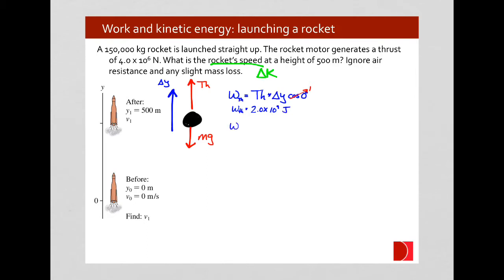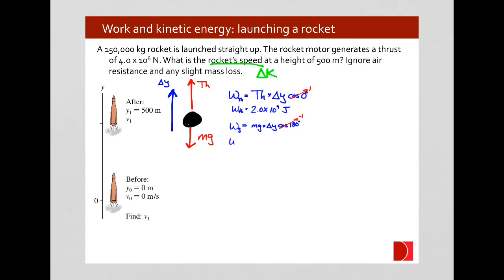But we also have work due to gravity. And that work due to gravity is the force of gravity times the displacement times the cosine of the angle between the two, which in this case is 180 degrees, since they're anti-parallel from each other. They're pointing along a line but in opposite directions.